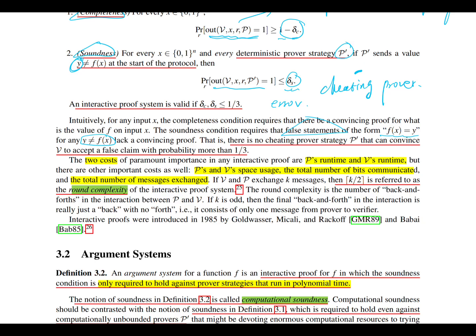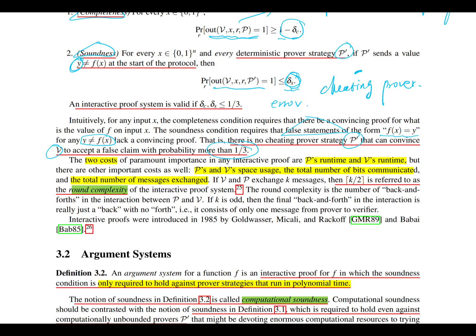No cheating P prime can convince the verifier to accept the false claim with probability more than 1/3. So the verifier will accept a false proof only with probability less than the soundness error.